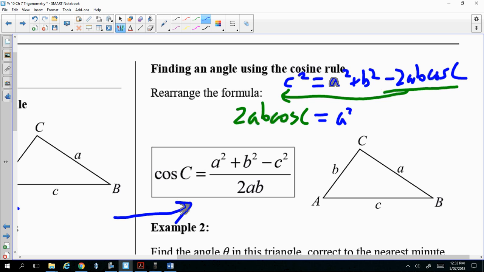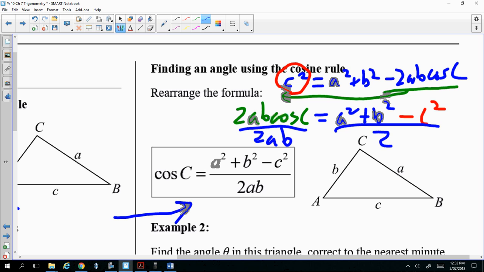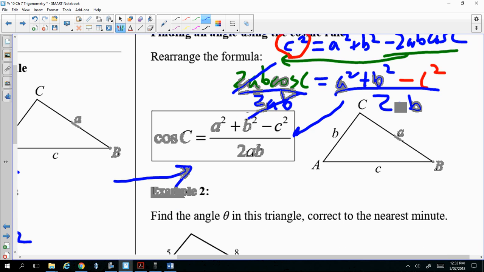So I swap them. It's like I put the negative to the left and put the positive back to the right. I swap them. And then you just have to divide both sides by 2ab. That gives you cos C. Alright, so these are the formulas that you learned today, so let's highlight them. It's very important.